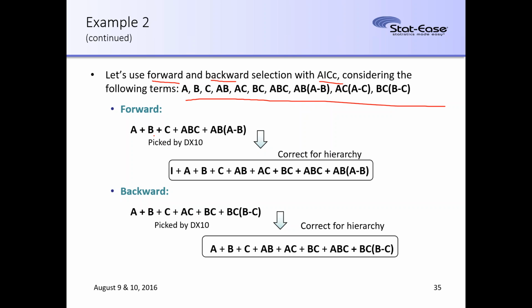The forward selection picked the following model, and then it added AB, AC, BC to correct for hierarchy. The backward selection picked this model here, and then I believe AC was added back in, as well as ABC, to correct for hierarchy. So notice that this model here and this model here are also quite a bit different.